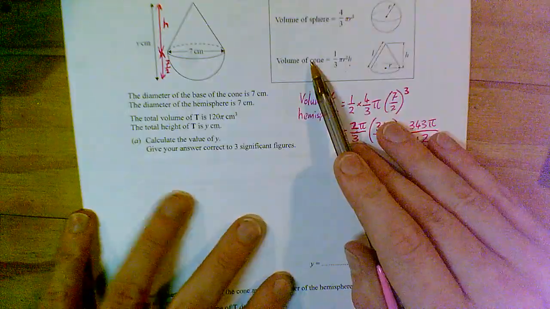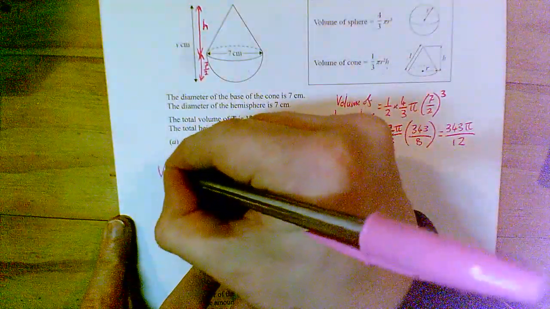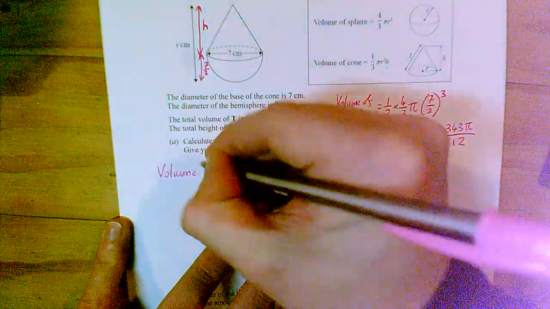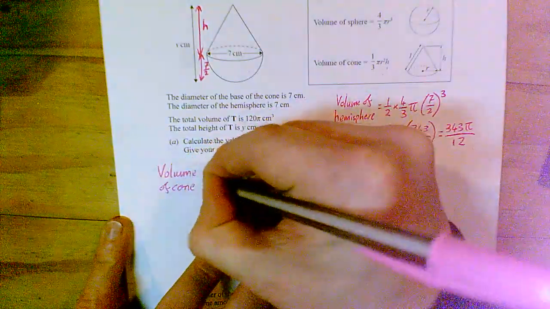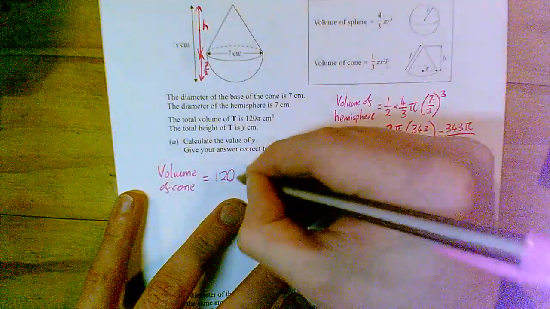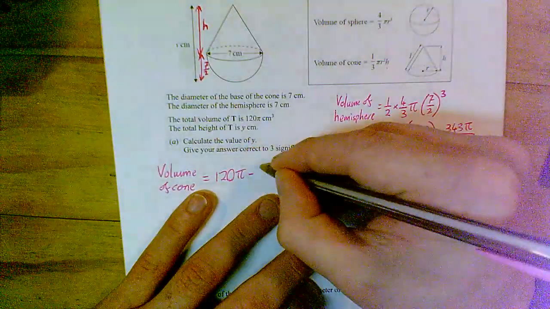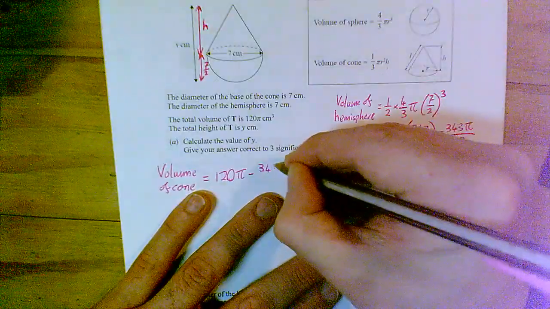Now the volume of the cone. Volume of the cone is going to be 120 pi subtract all this nonsense.